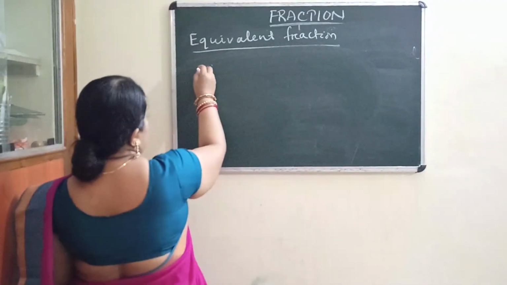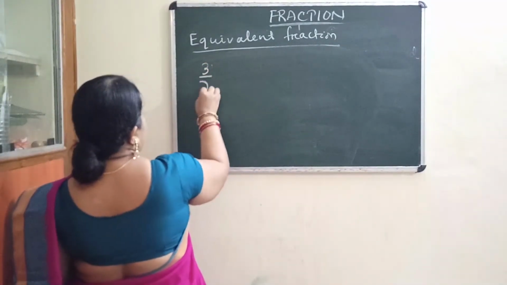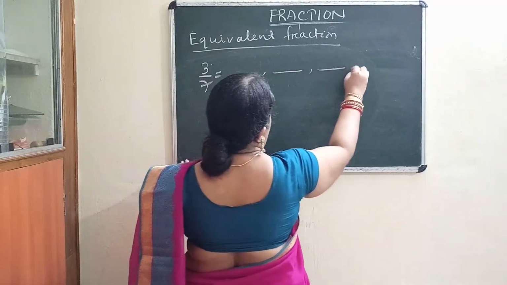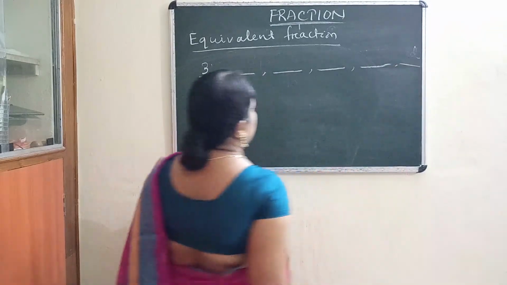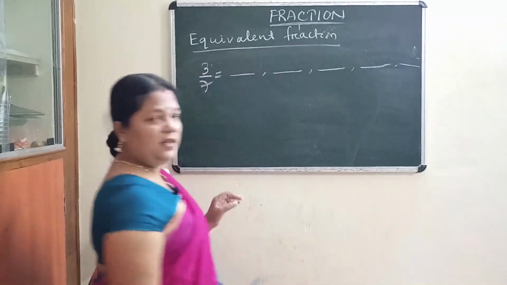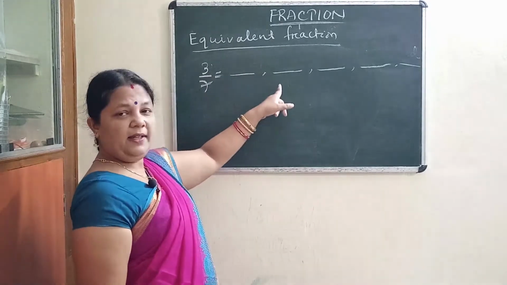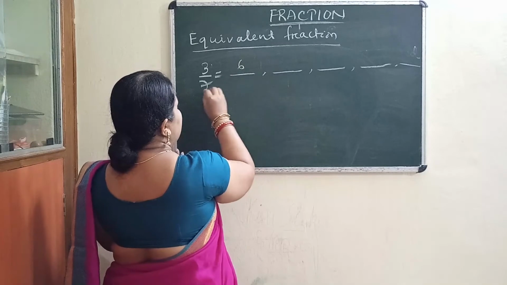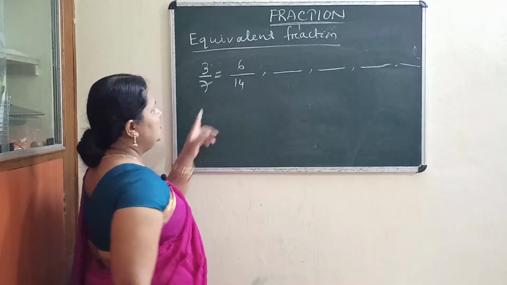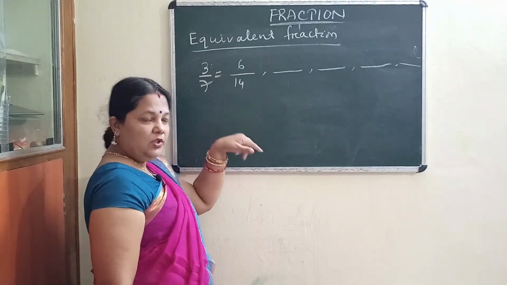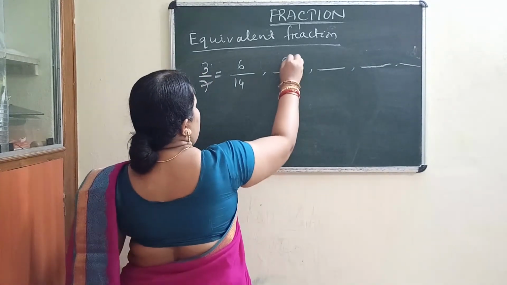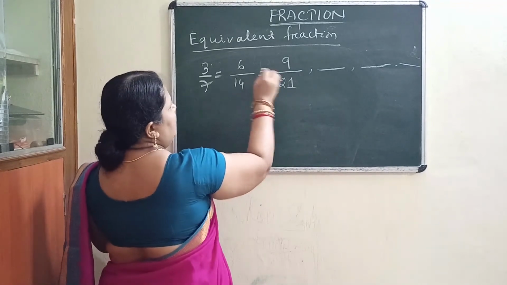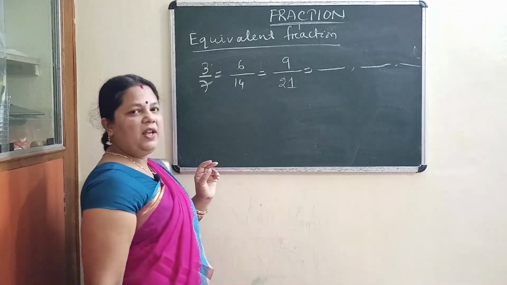Children, one task I am asking you, suppose 3 by 7. So write down 5 equivalent fractions. So what to do? How to find out? You have to multiply. Okay. What you will multiply? 3 2s are 6, 7 2s are 14. We are multiplying by counting number 2. Okay. 3 3s are 9, 7 3s are 21, and all are equivalent, means equal value.